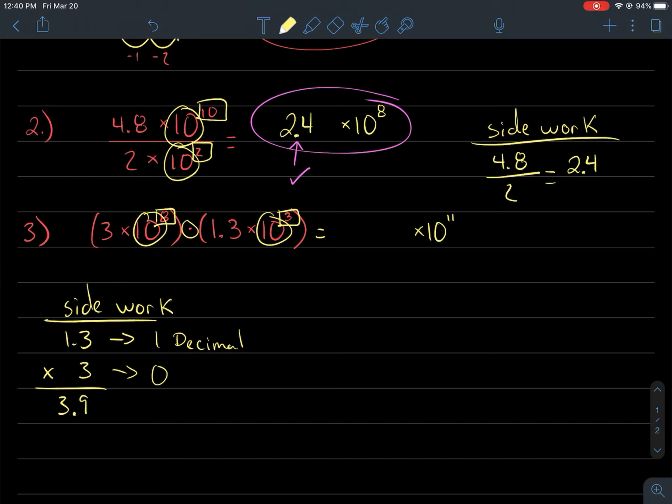That means the number that goes out front is 3.9. Now, is that decimal in the right spot? Let's double check. Is the decimal right here behind the very first non-zero number, meaning not 0? Yes, it is, so it's good to go. This is the final answer for number 3.